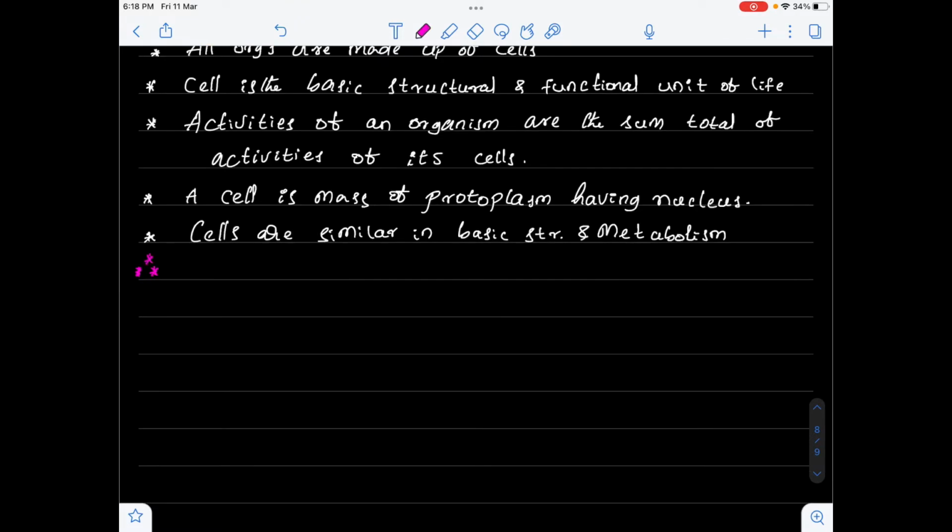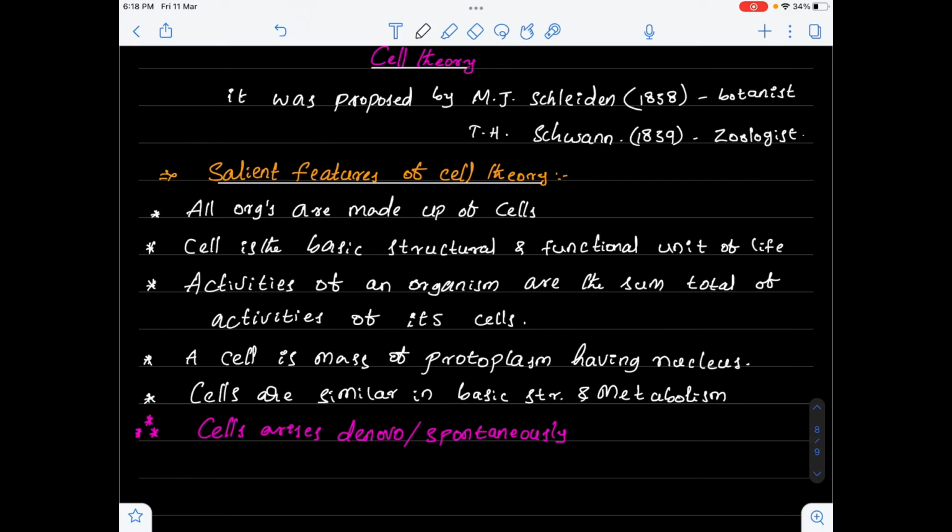These two scientists said that cells arise de novo or spontaneously, which means the new cells arise spontaneously or suddenly. Actually, these two scientists missed where the new cells are forming from. They simply said that new cells are arising spontaneously.